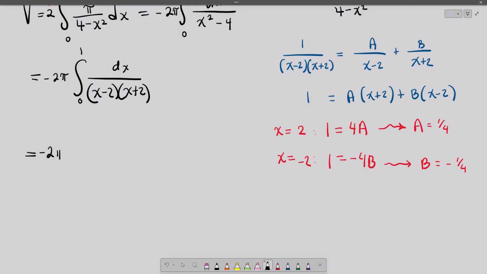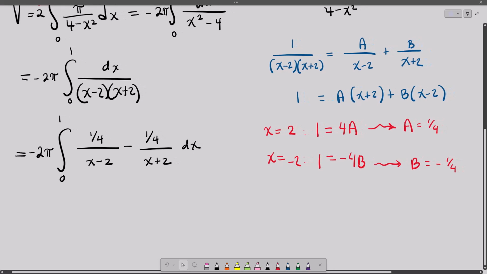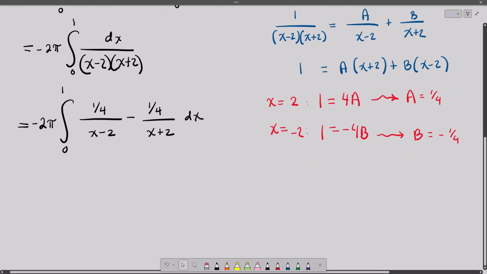And that will allow us to rewrite this integrand as a over x minus 2, and then b over x plus 2. And that's very easy. Log form.